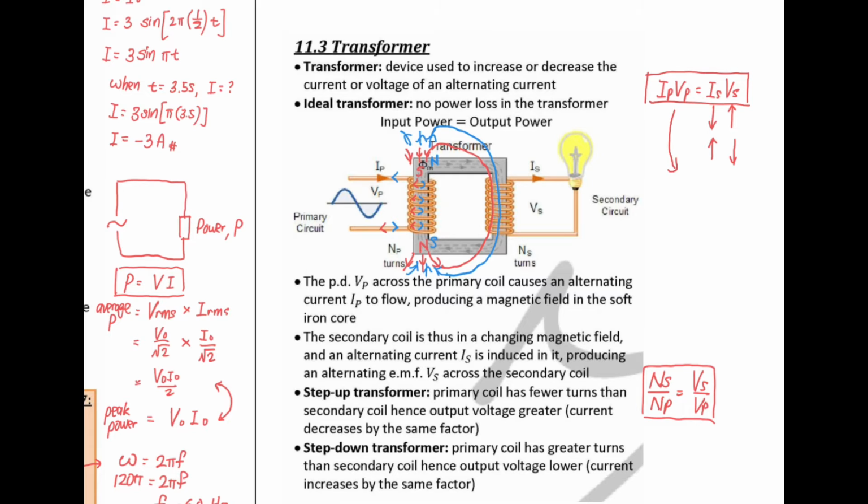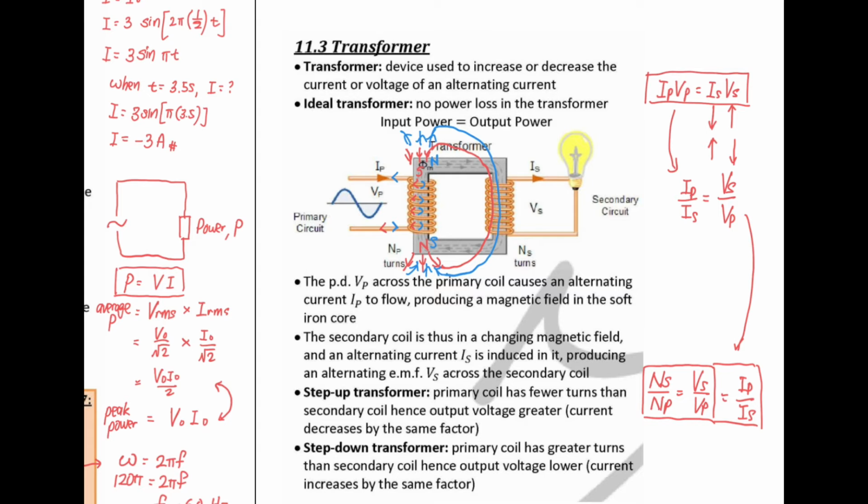If I rearrange it, VS over VP is equal to IP over IS. So meaning that the current is the other way around, IP over IS. You see, this is secondary on top, primary at the bottom, but current is the other way around. And hence the change is the other way around also. If voltage increases, then current will decrease by the same factor.